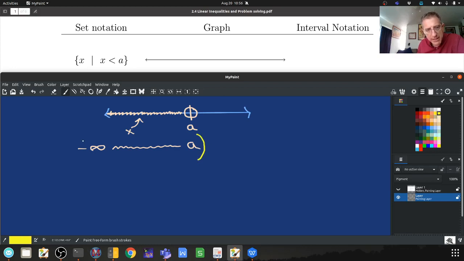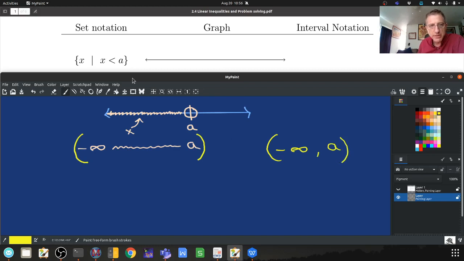And infinity, that's not a number, so it's always enclosed this way too. So I'm almost there, but in the interval I don't put all of this wiggly stuff. I just write minus infinity to a. I replace all of that wiggly line with an a.